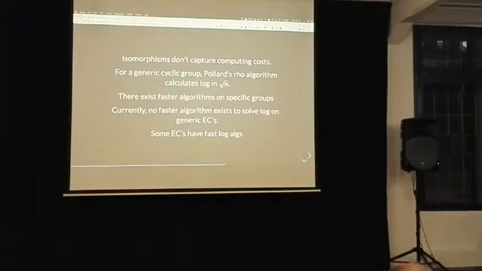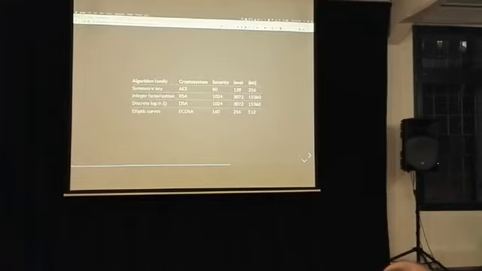So if we choose our elliptic curve well, then we will end up with a curve where there doesn't exist an algorithm that is better than Pollard's rho algorithm, right? So Pollard's rho algorithm does it in root n. So for example, if we have 160-bit and we take the square root of that, then we get 80-bit security.